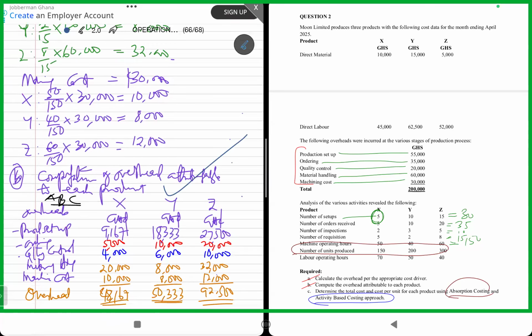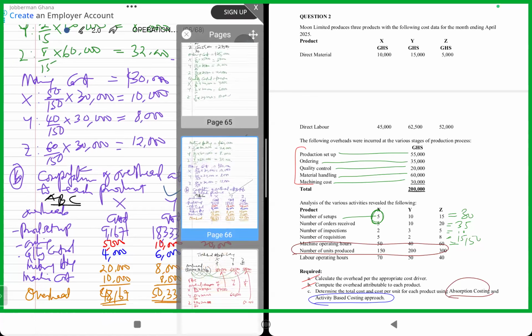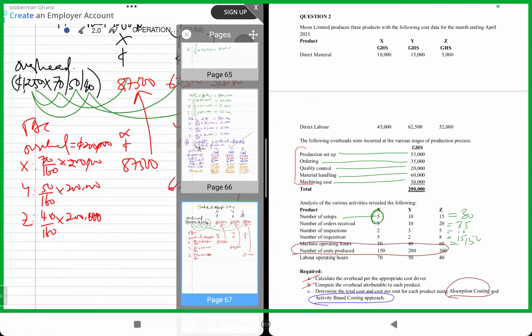The overheads will not be the same, given the two different costing techniques. Look at the overhead for the ABC. X was 48,167. The overhead for the traditional absorption for X was 87,500, page 66.